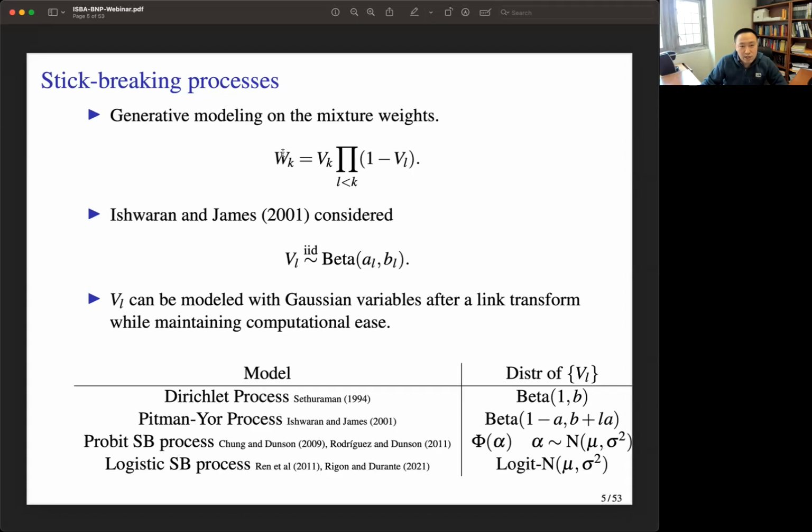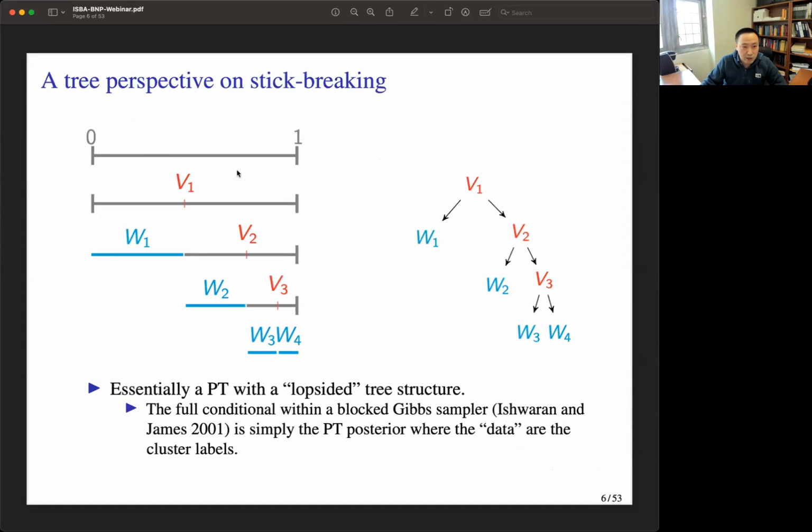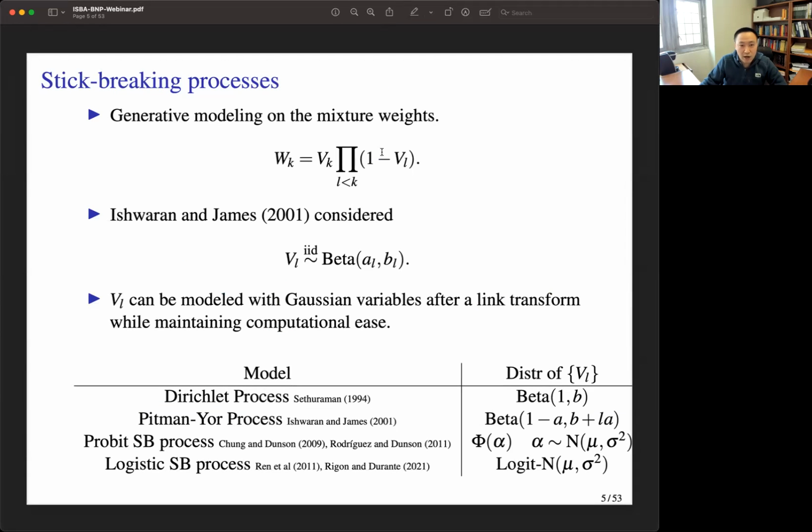The stick-breaking process was formally introduced by Ishwaran and James, although it was used in various forms earlier. It is basically a generative model for a set of weights that sum up to 1. It's constructed by sequentially breaking up a unit stick and putting various different priors on these stick breaks.